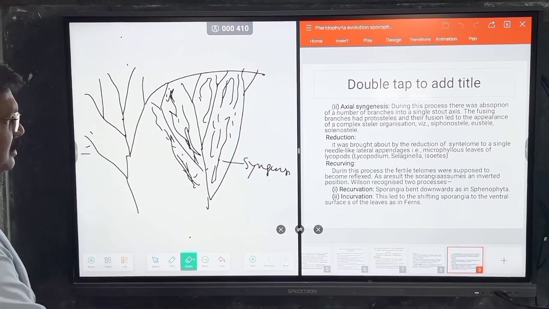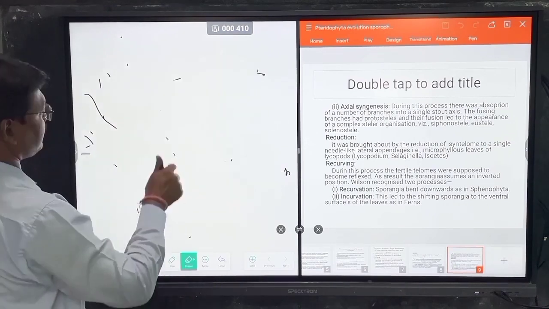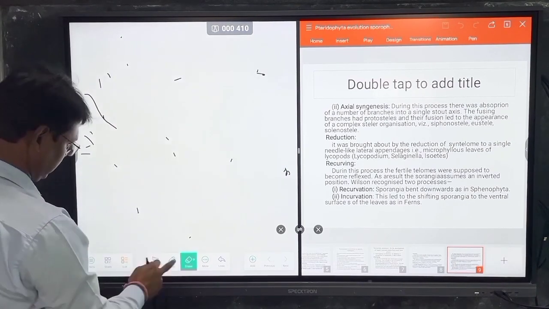Then the last one is recurvation. In recurvation, during this process, the fertile telomes were supposed to become reflexed.